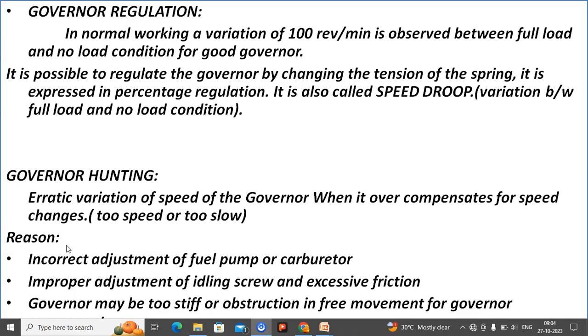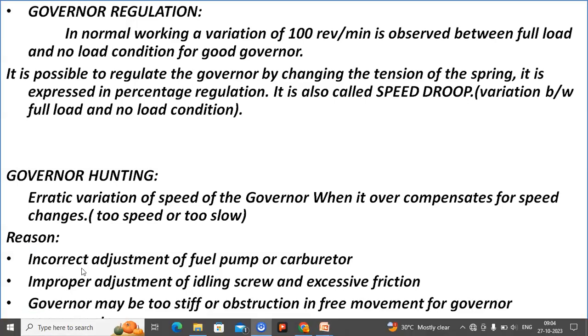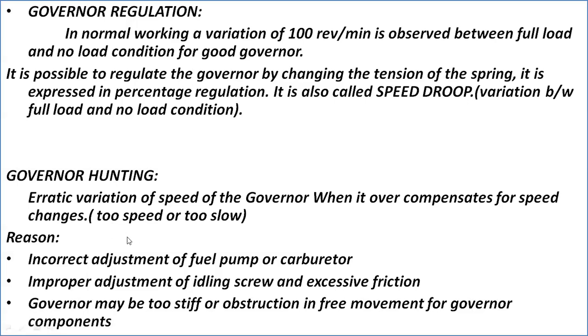Coming to governor regulation, the normal working variation in a good governor is 100 revolutions per minute between full load and no load condition. Here the formula for governor regulation can be used to solve the problems. The formula becomes R = (N1 - N2) / ((N1 + N2) / 2) × 100.